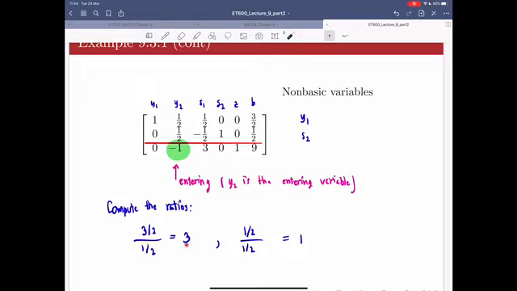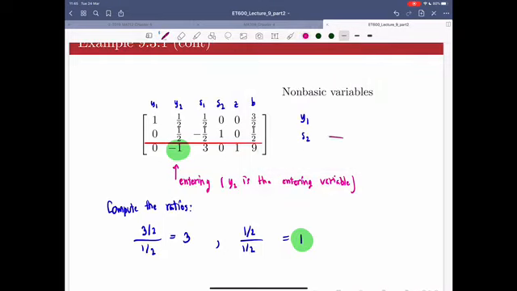Then we compare those two numbers. This is the smallest non-negative ratio, so I'm going to highlight that. I got that ratio by dividing b of the second row by y2 in the second row. So it implies that S2 is going to be the departing variable.